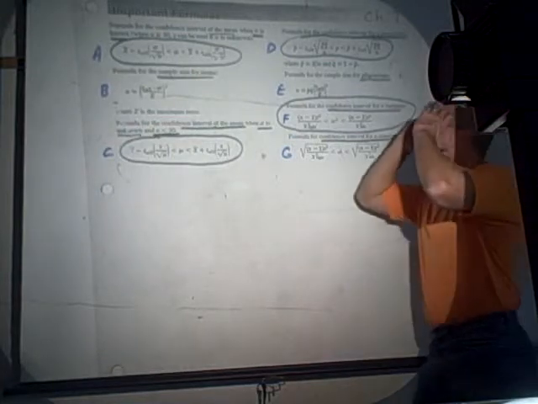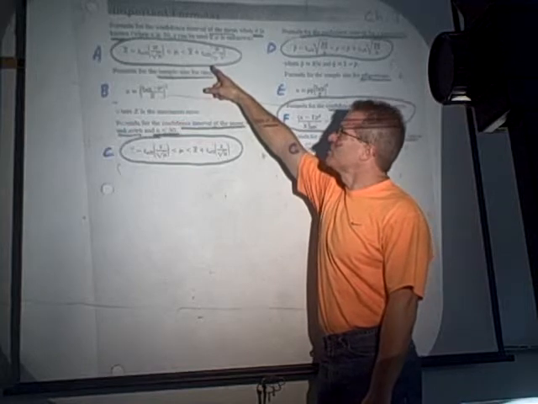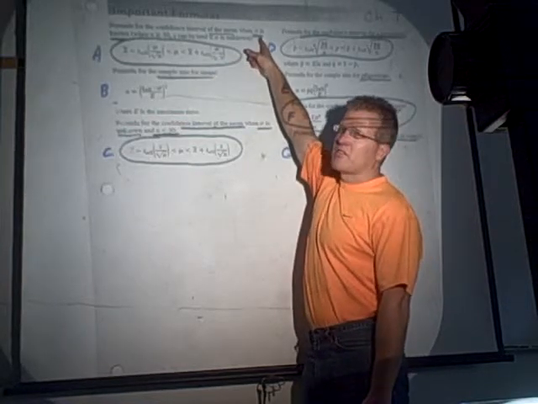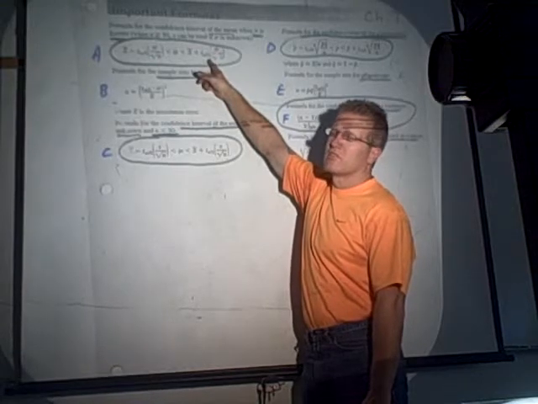Any questions so far? So if it's greater than 30, or if it's less than 30 but you know the standard deviation, you use A. Good question. If it's less than 30, but you know the standard deviation of the population, then you'd use this.